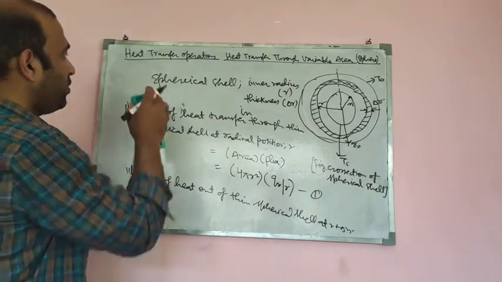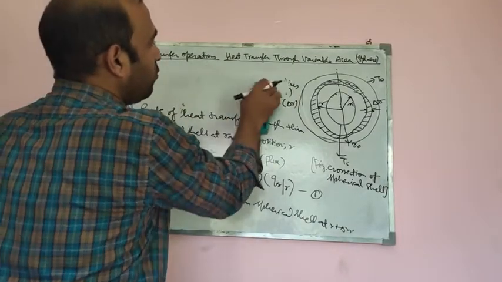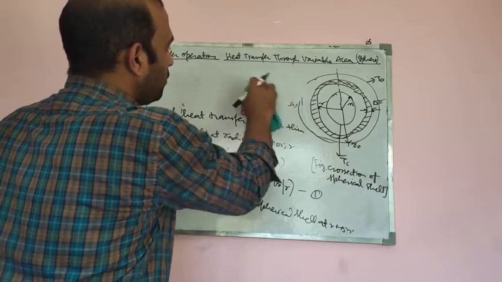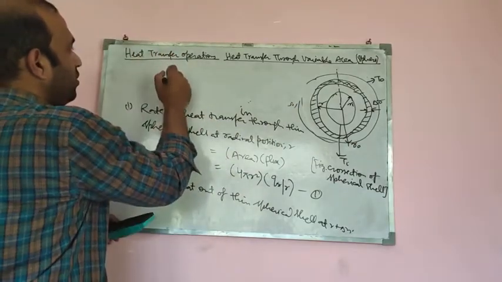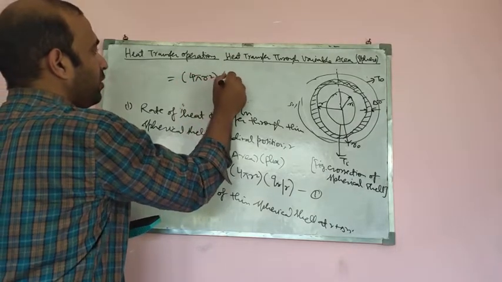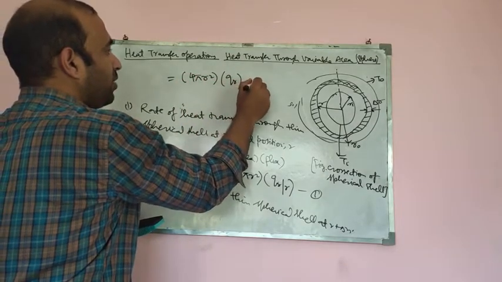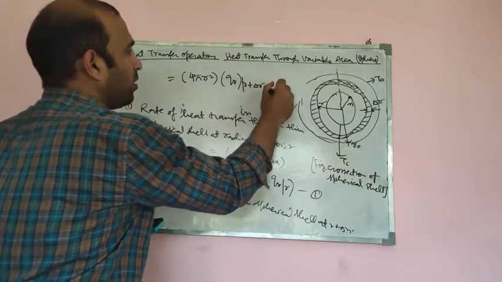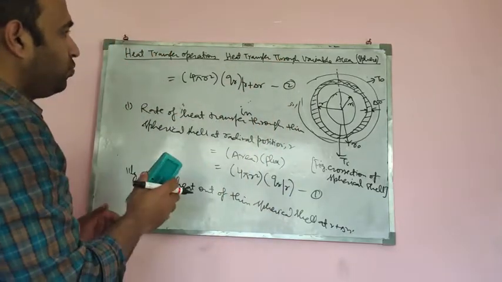So what will be the rate of heat transfer that goes out? Similarly it will be area 4 pi r square and qr at the radial position r plus delta r. Call this equation 2.